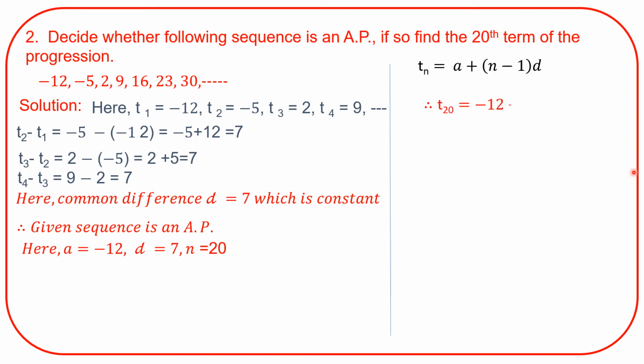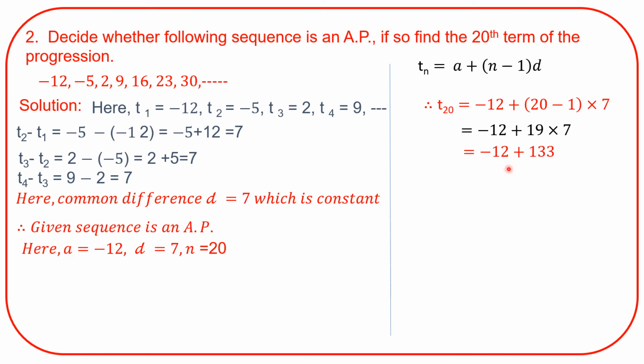T20 is equal to minus 12 plus 20 minus 1 into 7, is equal to minus 12 plus 19 into 7, is equal to minus 12 plus 133. 19 7s are 133. Here one is a negative number and one is a positive number.